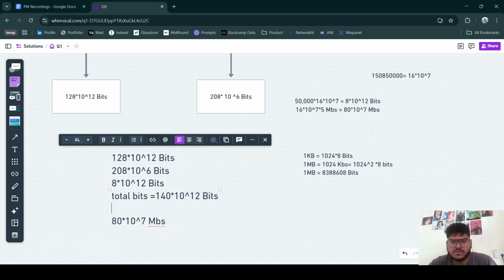So here we have the total bits and here we have 1 MB. So converting this much into bits. So total data part 1 comes around 140 times 10 raised to the power 12 divided by 8,388,608.